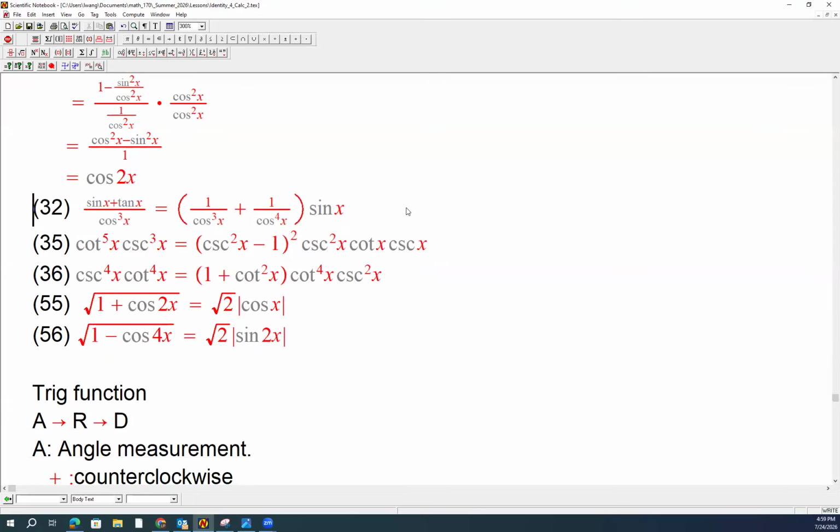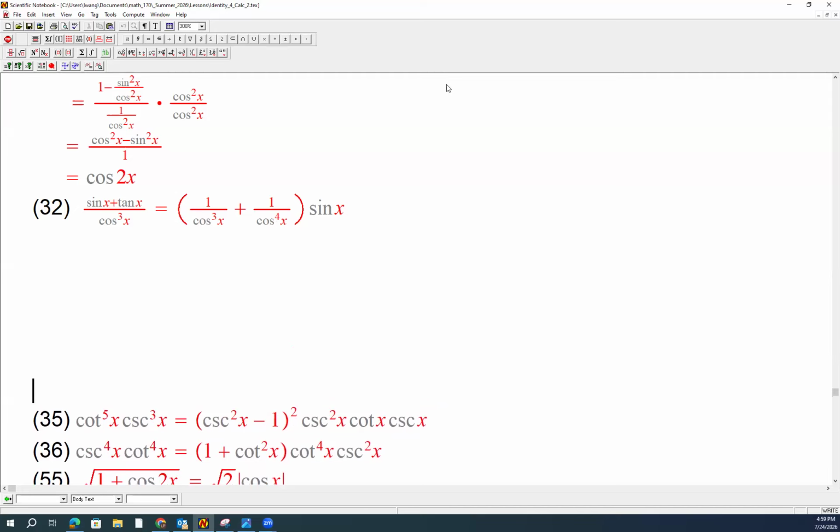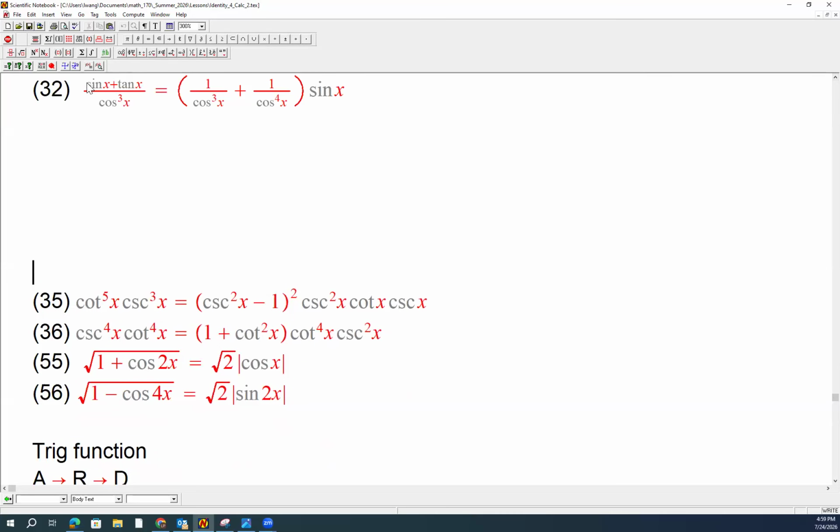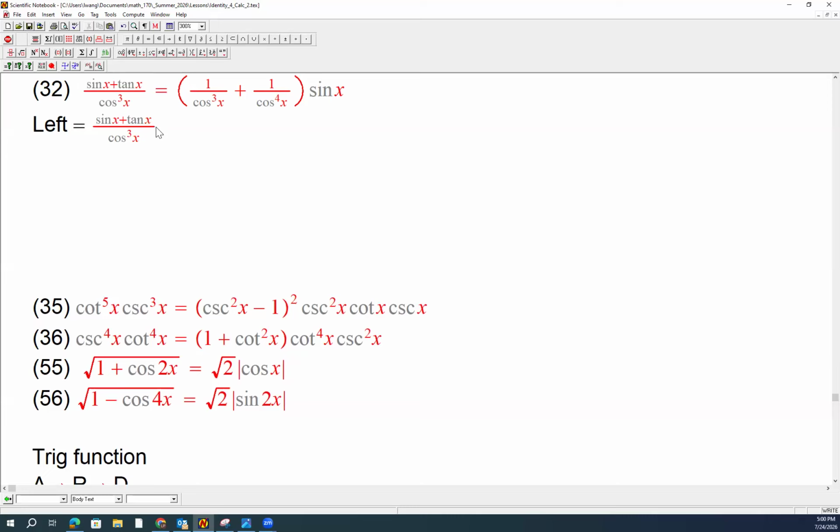Number 32. What do we have on the left-hand side? Cosine multiplied by tangent, and we want to bring the sine outside. Let's see how we do that.